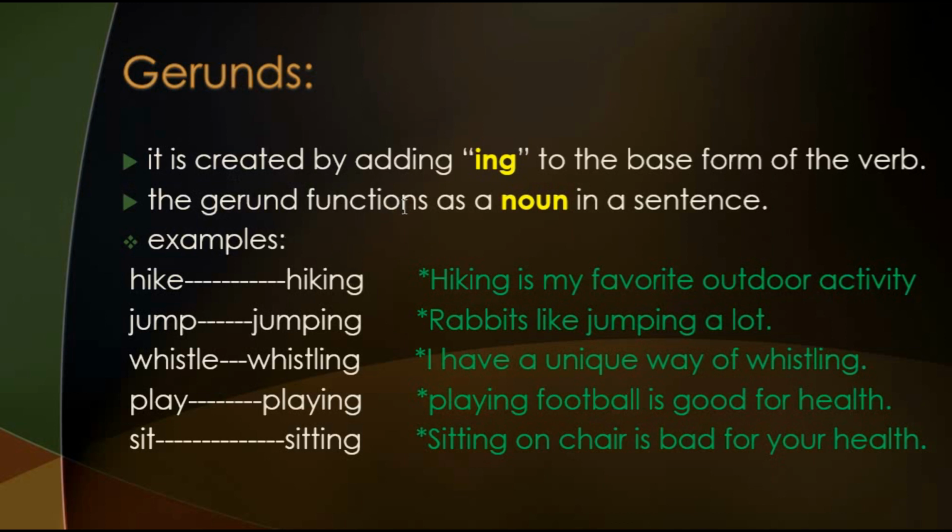They are created by adding ing to the base form of the verb. So if you have a verb, you add ing to it, it will become the gerund form of the verb. And I'm sure you know how to add ing to verbs. So the normal ones you just add ing, but if you have an e at the end, you remove the e then add ing.